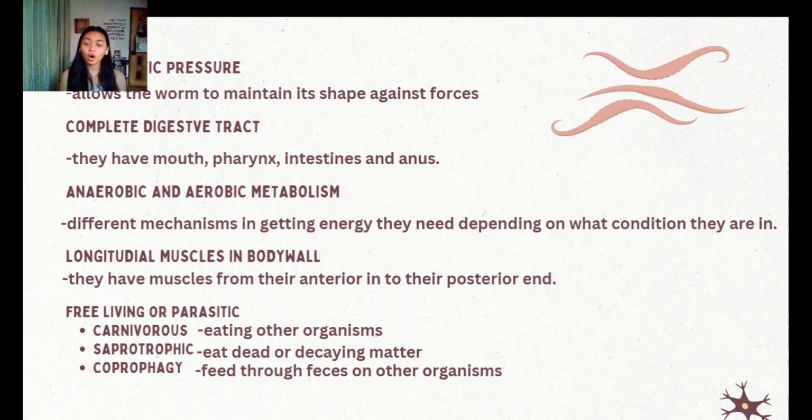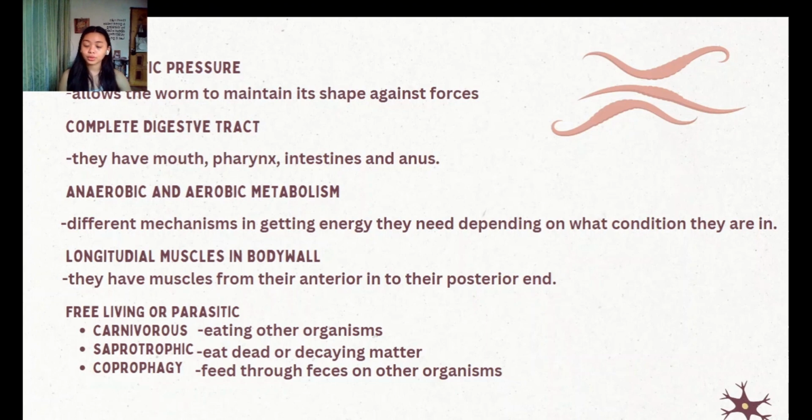They don't have organs specifically for other functions, such as respiratory organs, and their way of respiration is through their skin. So, they are only composed of few internal organs. Next is that they have different mechanisms in getting the energy they need depending on what condition they are in. It can either be anaerobic or aerobic metabolism.